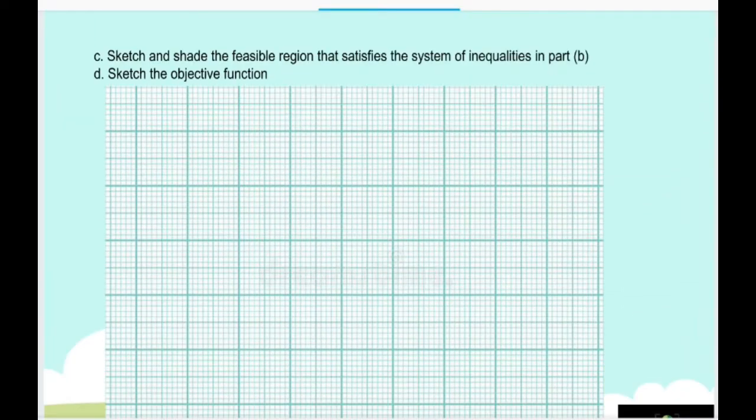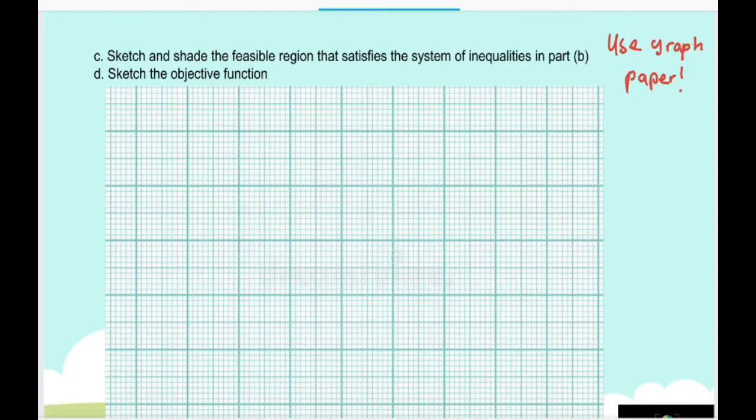graph paper. Okay, for question C, sketch and shade the feasible region that satisfies the system of inequalities in part B. Please take note, when we want to solve this type of question, we need to use graph paper. It is compulsory to use graph paper.